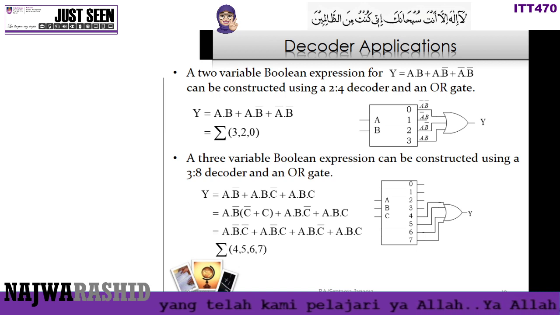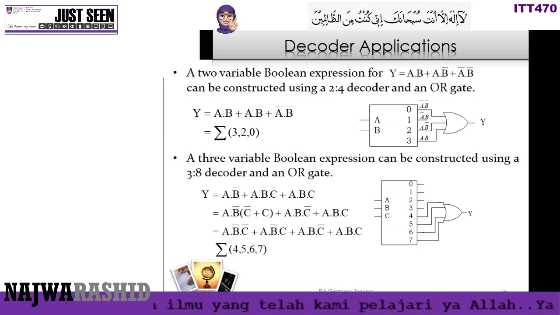So let's say it gives you Y equals AB naught plus ABC naught plus ABC. Based on the equation, you should realize that it has A, B, C as the input. And based on 3 variables, it will produce 8 output combinations. So the outputs will be 0, 1, 2, 3, 4, 5, 6, 7.